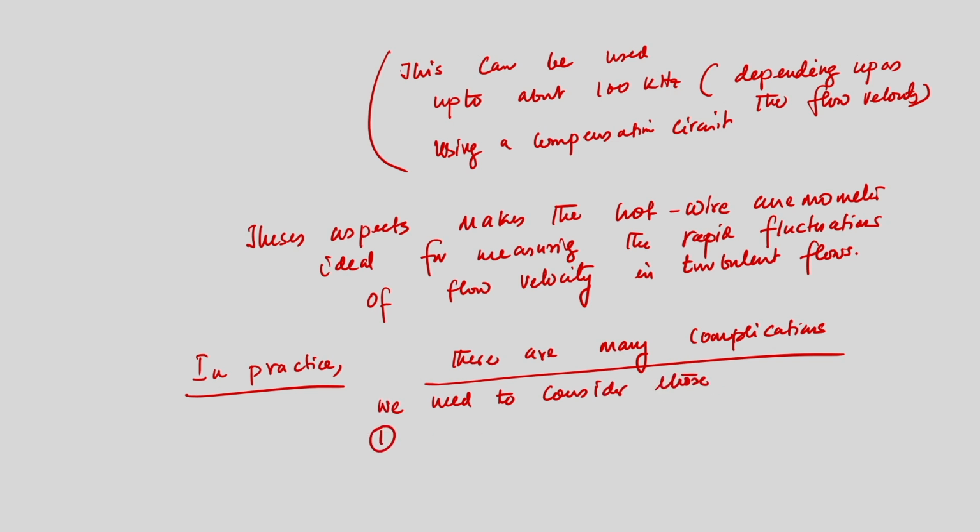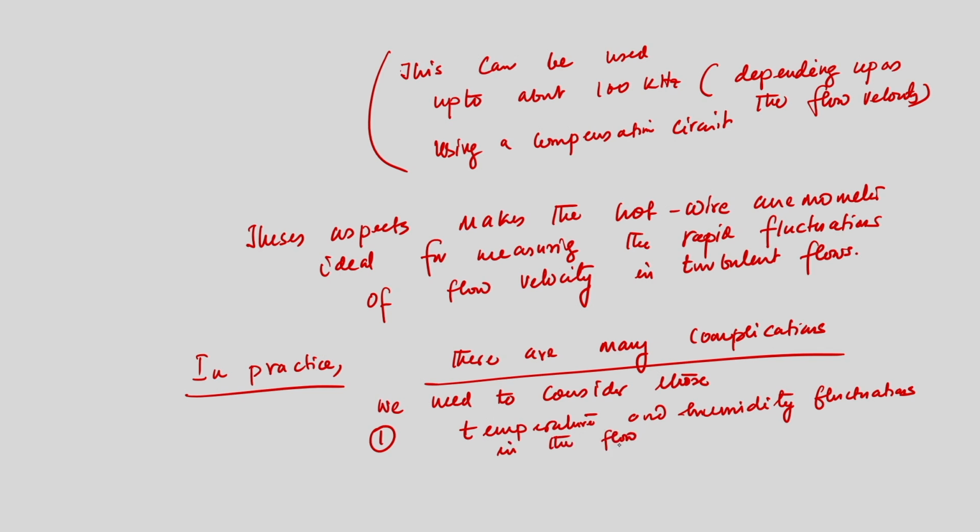Number one is temperature and humidity fluctuation in the flow.